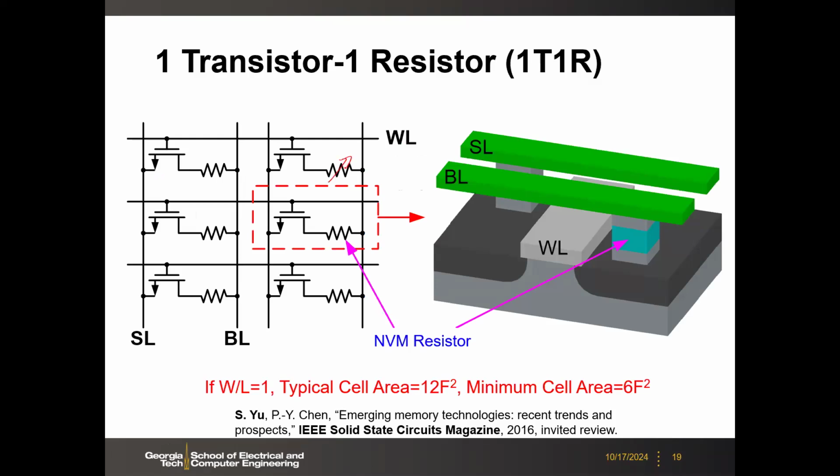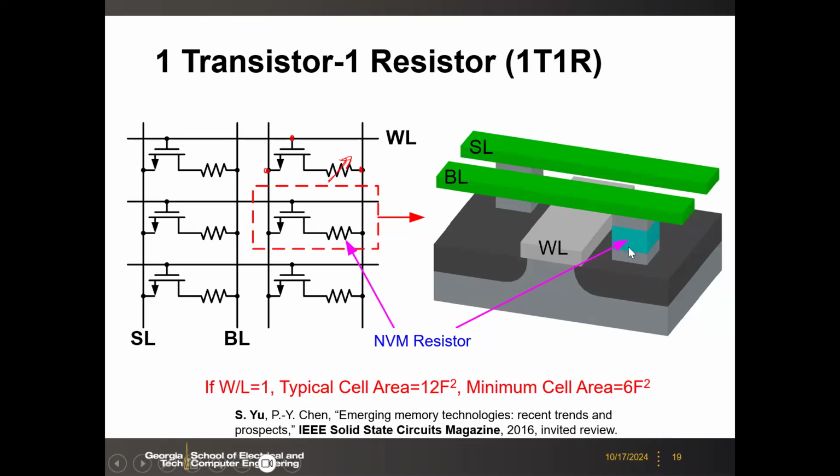So if you want to integrate into the array, typically you need to have this transistor, access transistor, to select the individual resistor. It's like your 1T1C, right, DRAM, or here you have 1T1R, because you have to locate this cell by the word line, control the gate of the access transistor, and then the source line, and then the bit line. Okay, so it's 1T1R.